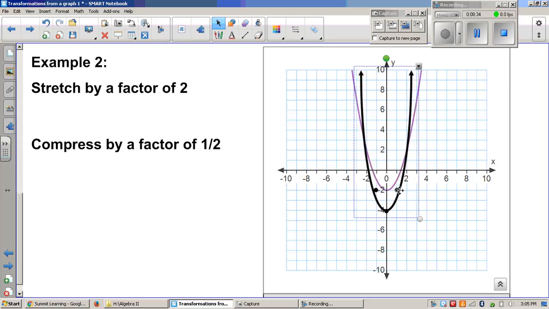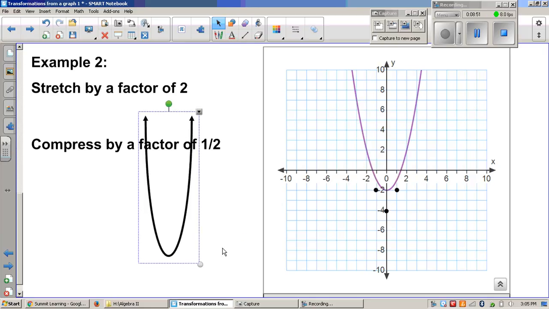I'm a bit of a perfectionist, so I'm going to try and fix it. Oh, that didn't really do anything. Come on. That's a little better. Okay, so narrower. If I compress by a factor of 1/2, move this out of the way, take these same points back.